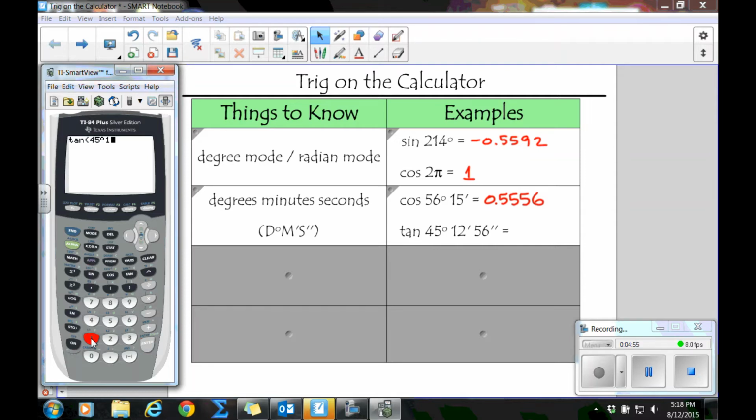We can still type in 12 minutes 56. The second button is located elsewhere on your screen. Some of you may have found it already. It's located, I'm looking for it myself, above the plus sign. Except to get to it, we have to hit the alpha. There it is.